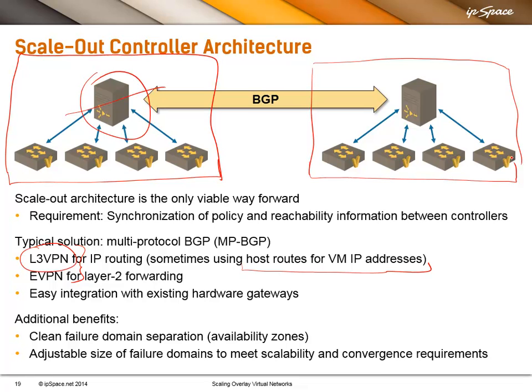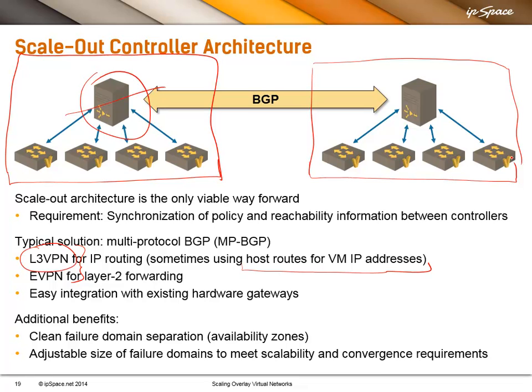Also, it's possible to adjust, if you have a scale-out architecture, the ratio of controllers to hosts. So maybe you want to have small availability zones or failure domains so that if the controller crashes, you only lose a few tens of hosts. Or maybe you want to keep things simpler and you have one controller per 100 or hundreds of hosts. And also it depends on how quickly things change in your environment.